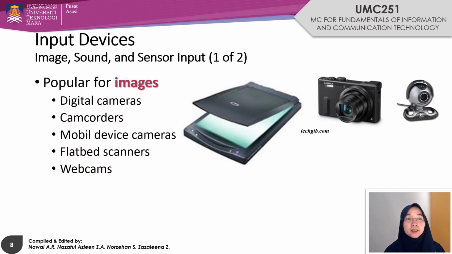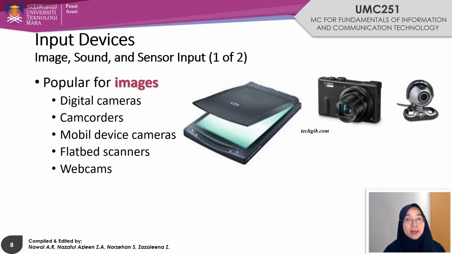Moving on to popular input devices for images. Digital cameras, camcorders, and mobile device cameras capture pictures and videos. Hence, they are considered input devices. Flatbed scanners also input images, just like a photocopy machine, but instead of generating the image on paper, scanners create a digital image which you can then print, save, or email.